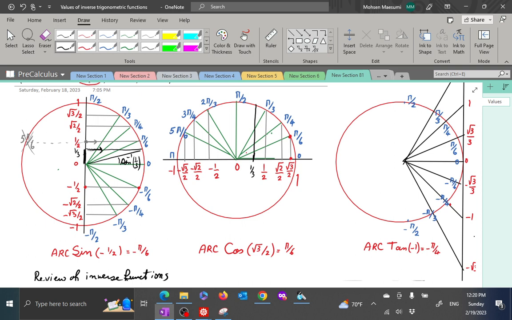Here I go on the horizontal, go straight up, connect that to the origin, and that is going to be my cosine inverse of 1/3. So you want to have a way of visualizing these angles. Now let's repeat all of this with tangent.